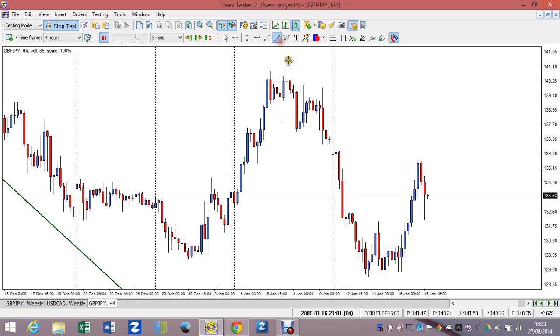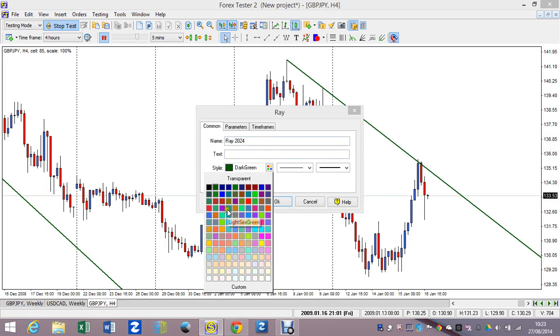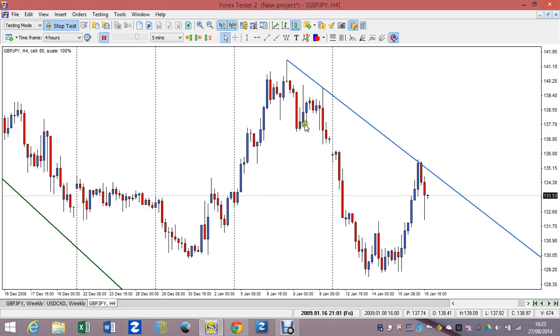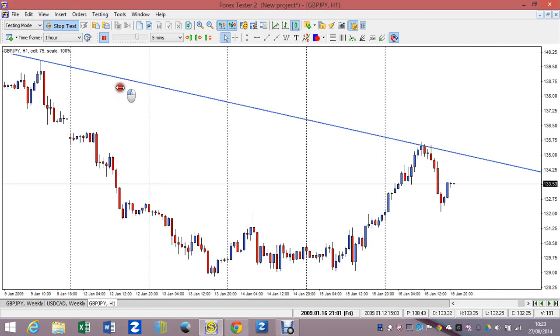And there is a 4-hour trend line that we can potentially trade from. See if there's anything on the hour. Nothing really any better than the 4-hour, but we might get a better entry.